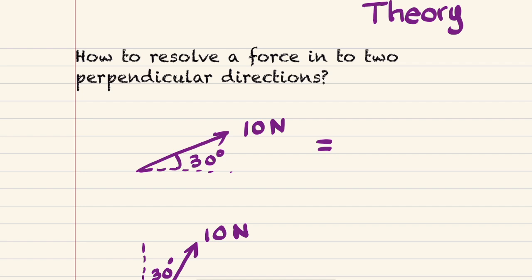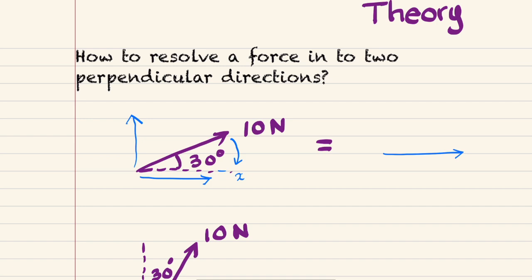So for this 10 newtons that creates 30 degrees with the horizontal, the ideal perpendicular directions would be along the x direction, which is horizontal, and the other one towards the vertical. Now when 10 newtons is resolved into the horizontal or x direction, you get the cosine of this 30 degrees.